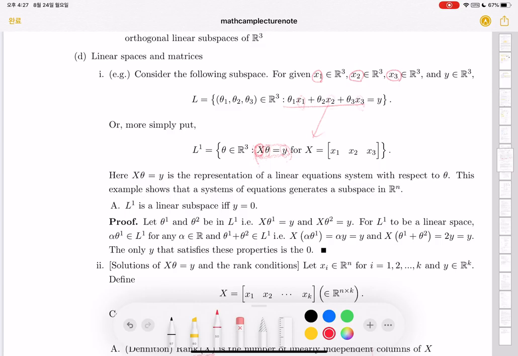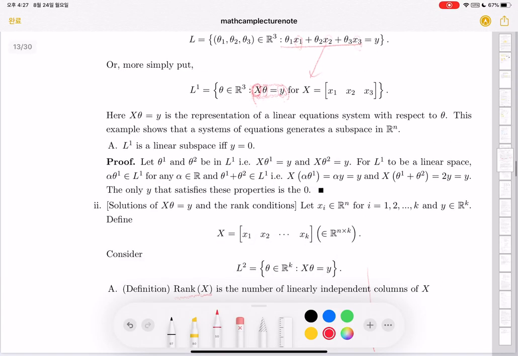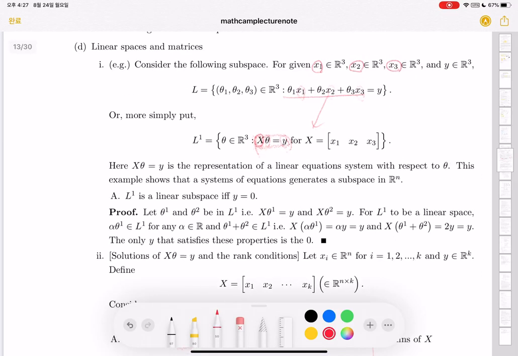Okay. If x1, x2, and x3 are not linearly independent, suppose your x3 is a linear combination of x1 and x2, and only x1 and x2 are linearly independent, then the rank of X, although it has 3 columns in it, is 2.